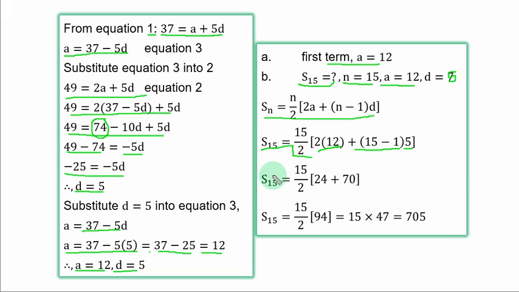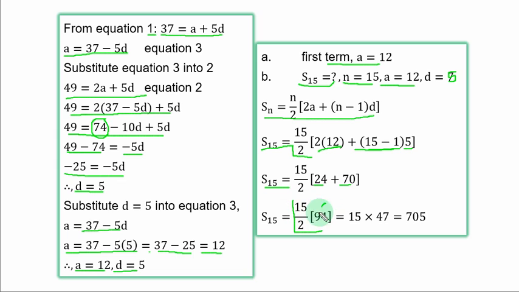You simplify further, and you have S of 15 equal to 15 over 2. In order to avoid a decimal result, you have 24. If you subtract here, you have 14. 14 times 5 is 70. If you add the bracket, you have 15 over 2 times 94.